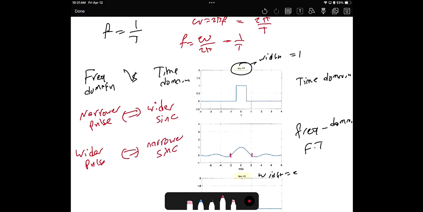Okay? Just keep this in mind. If you make it a narrower pulse, you will see the sinc expanded.